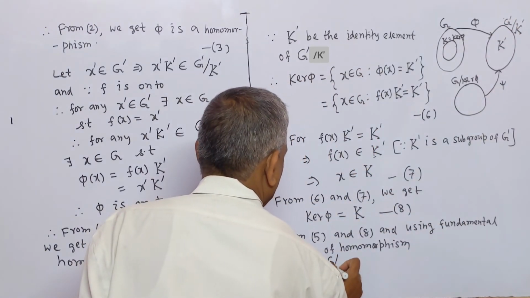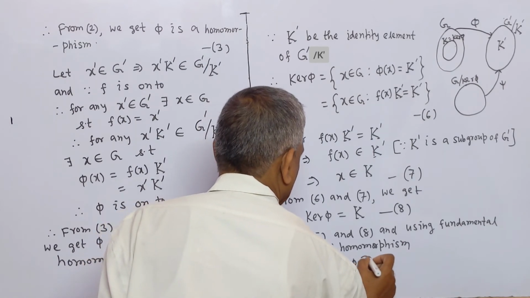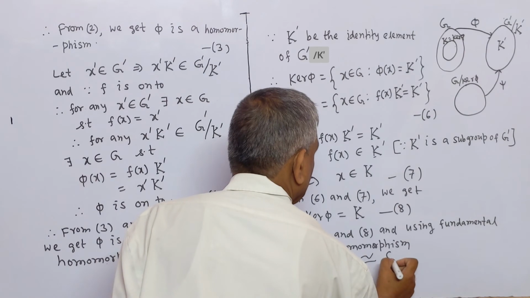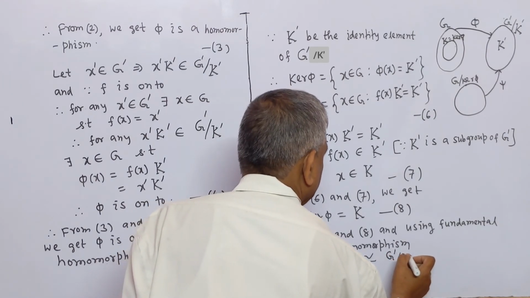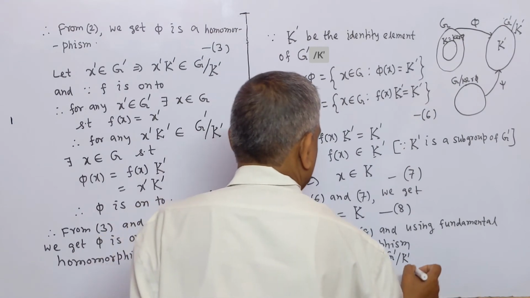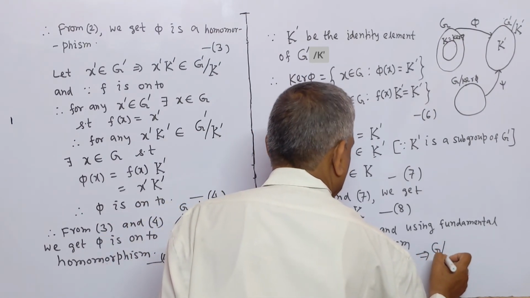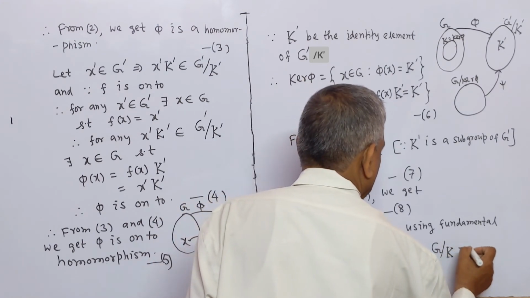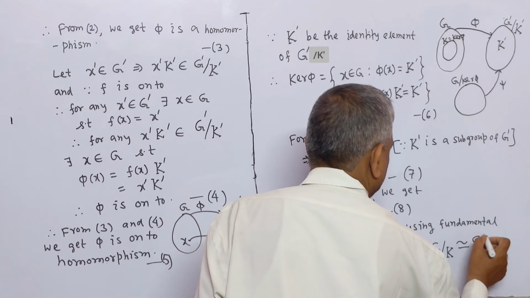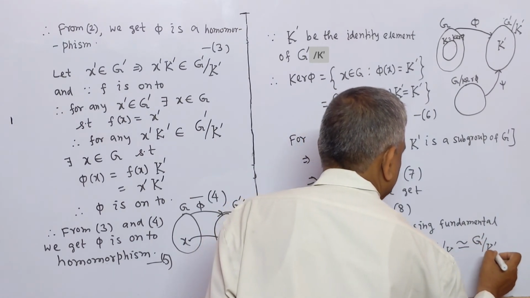G by kernel of phi is isomorphic to G prime by K prime, implies that G by K is isomorphic to G prime by K prime. Proved.